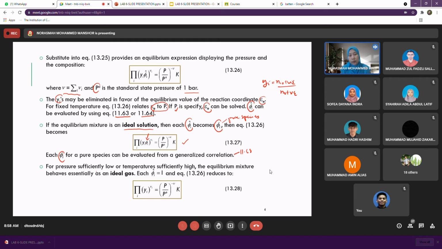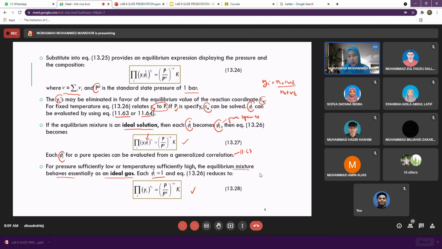For pressure sufficiently low and temperature sufficiently high, the equilibrium mixture behaves as an ideal gas. So for ideal gas, the fugacity coefficient is equal to 1. So equation 13.26 now becomes equation 13.28. The Vi cap is equal to 1.